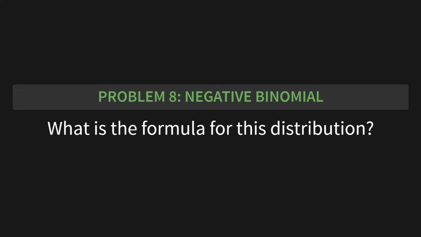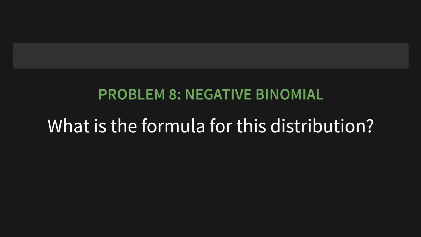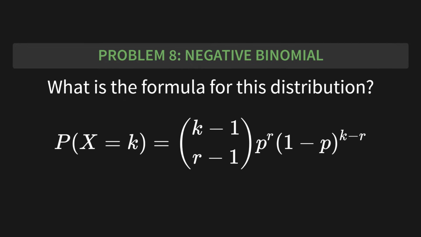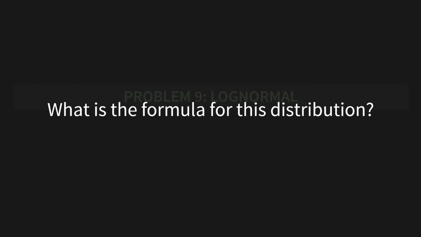What's the formula for the negative binomial distribution? P of X equals k equals k minus 1 choose r minus 1 times p to the r times 1 minus p to the k minus r.